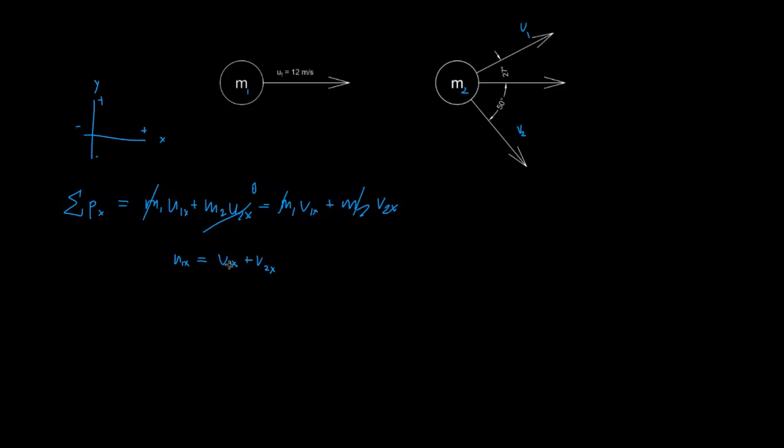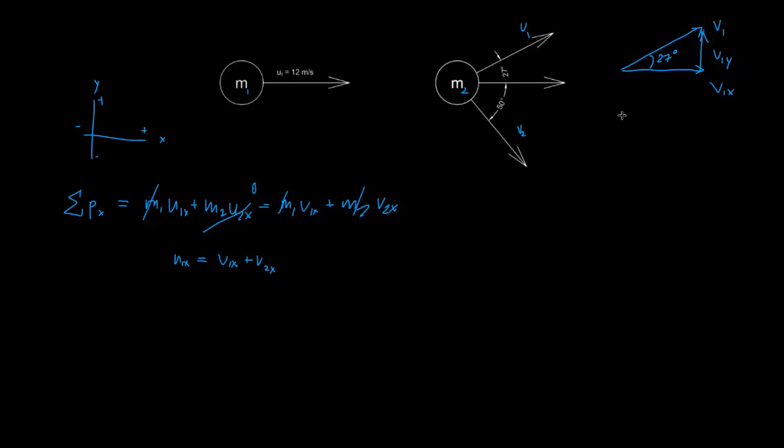Okay. Ngayon, we have V sub 1 sub x and V sub 2 sub x. So, meron tayong vector V sub 1. Ito yung V sub 1 sub x niya. Diba? Ito naman yung V sub 1 sub y. Paano hanapin ang V sub 1 sub x? Gagamit tayong trigonometry. This is our angle, 27 degrees.